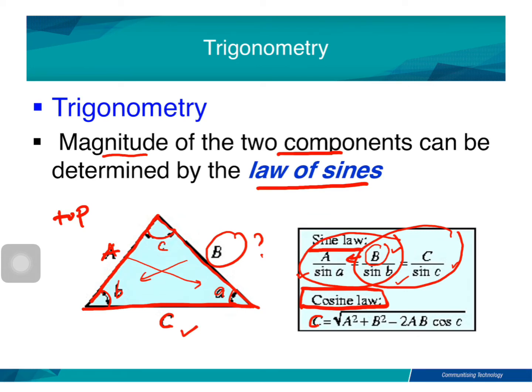It is equal to A squared plus B squared minus 2AB cos C. So you need to properly choose the angle C. Remember, if you want to determine the resultant C, the angle C is opposite to this magnitude. This is how trigonometry helps us solve the problem.